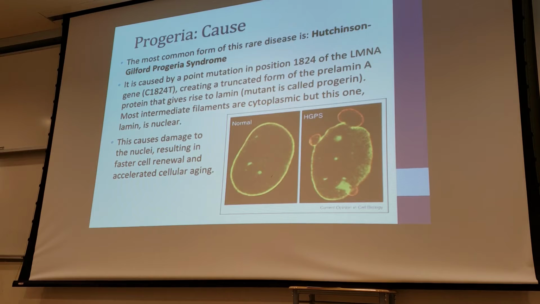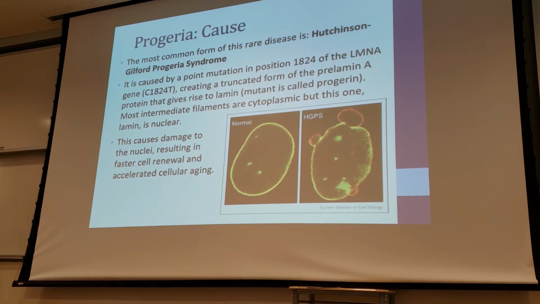So having a mutation in lamin A doesn't make it interact with lamin B very well. And so now we get these areas where lamin B is excluded, and they bud off from the nucleus. The final result of this is that the cells undergo much faster cell division, or promoting cell division.